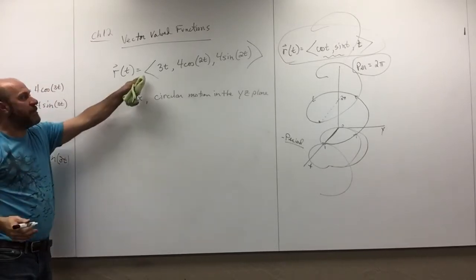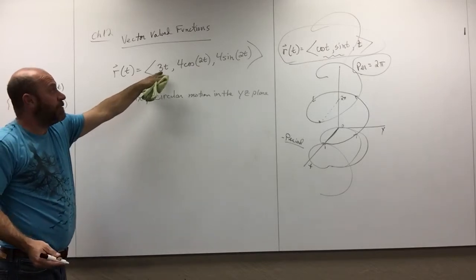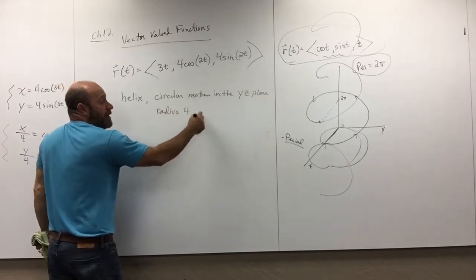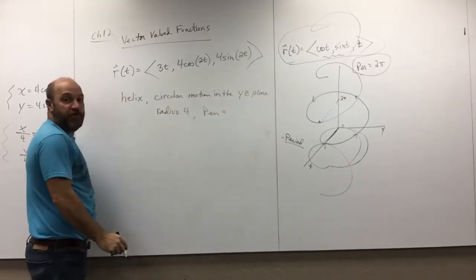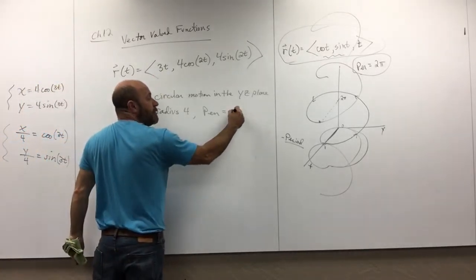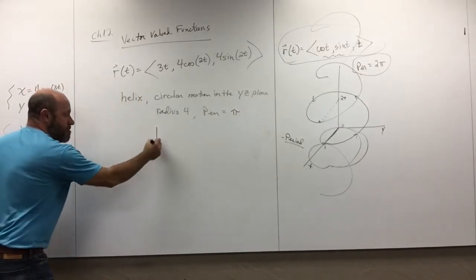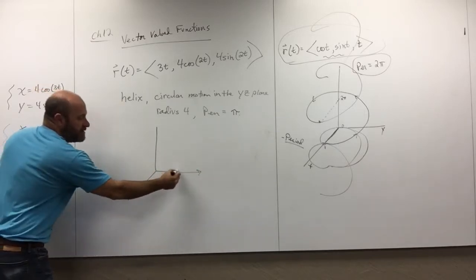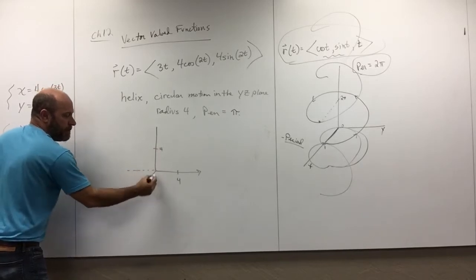It's got a radius of 4. It's got a period of 2 pi over 2, which is pi. You're right. Okay, I'll try to draw that. Coming out at me. Radius 4. Circular motion in the YZ plane.